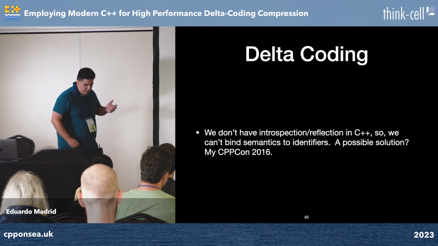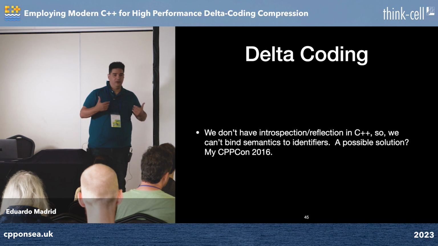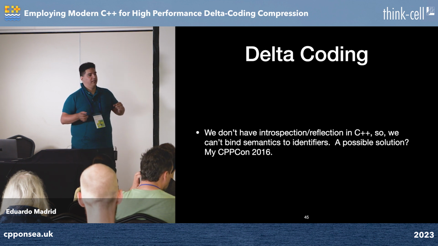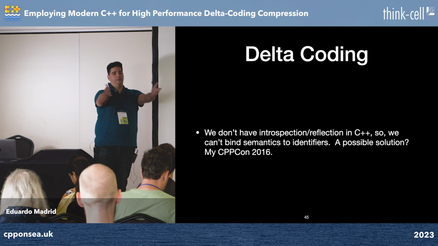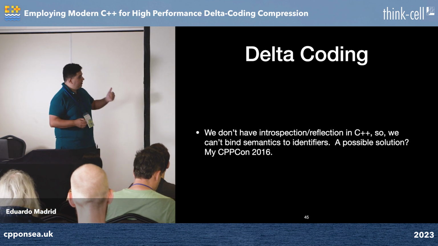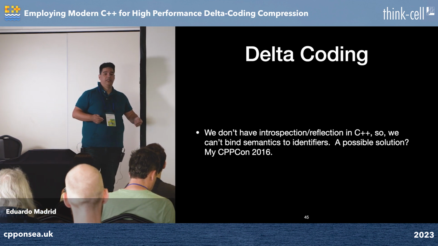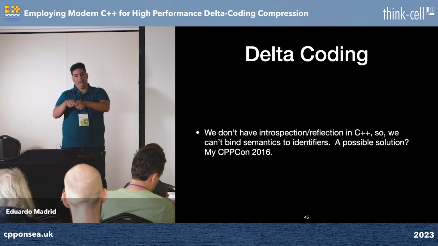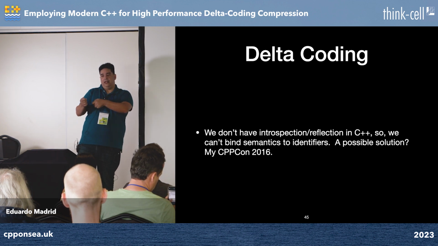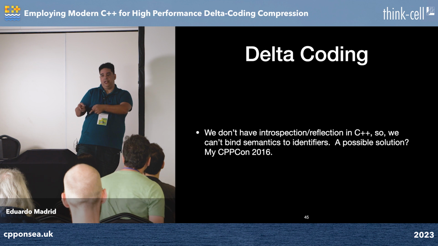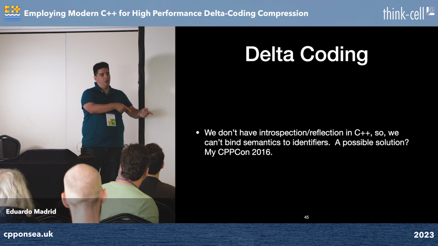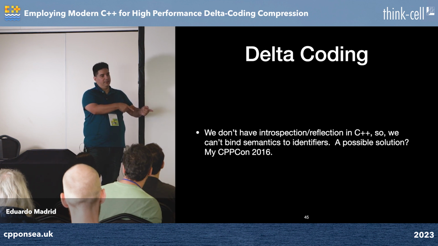There is a big problem for why I myself cannot make a general delta compression library to offer and present to you, which is that we still don't have introspection. Therefore, we cannot assign the semantics of what is the compression, decompression or coding scheme that I want for the data types that I want.